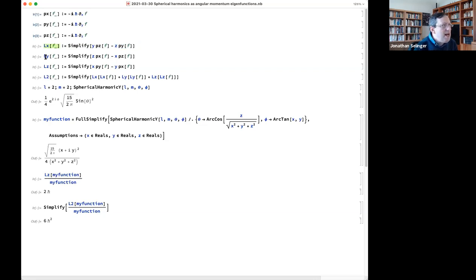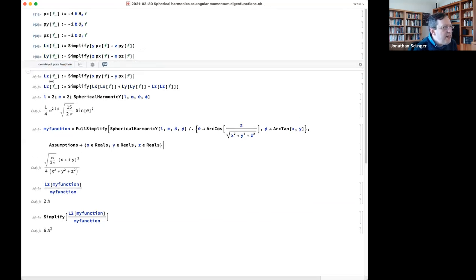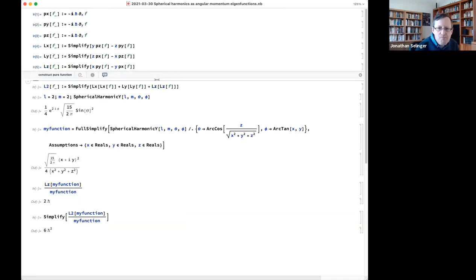Likewise, Ly is z times px minus x times pz, acting on the function. And Lz is x times py minus y times px, acting on the function.